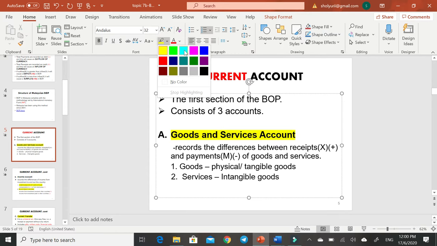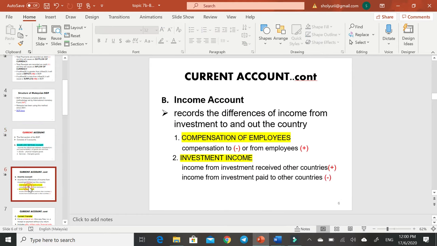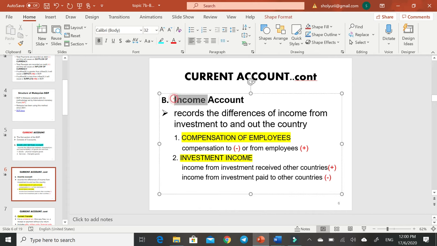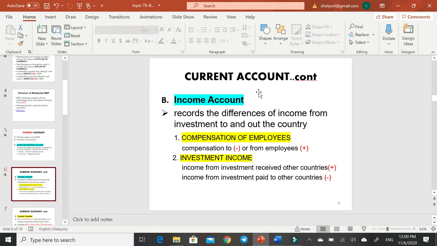The second one, okay, the second one is income account. Bawah current account ada goods and services, income. Okay, so what is income account?